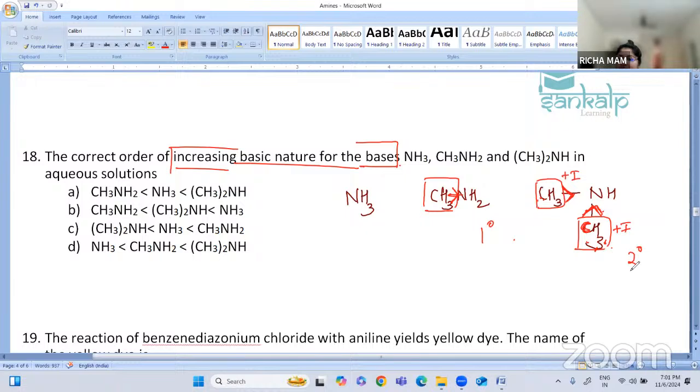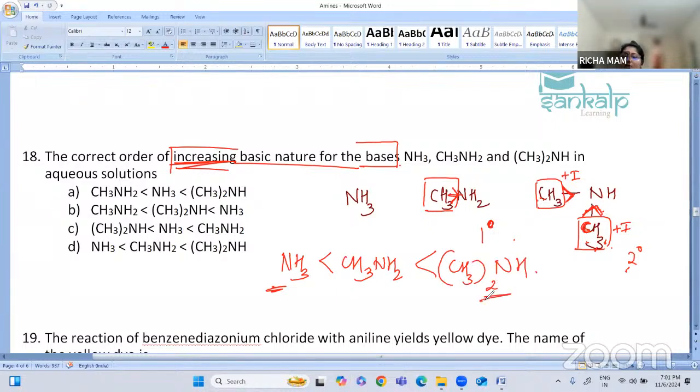So secondary is greater than primary, but they have asked the increasing order. So increasing means first NH3, which is the least basic, then methylamine, and then dimethylamine. Dimethylamine has the most basic character. So this is the order of basic character in the substituted compounds.